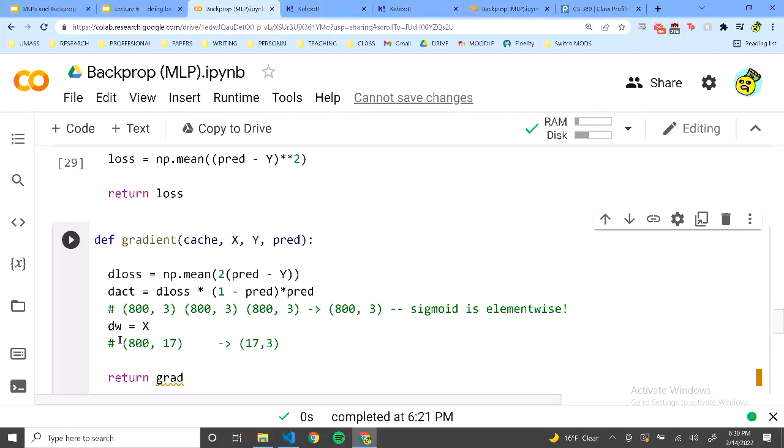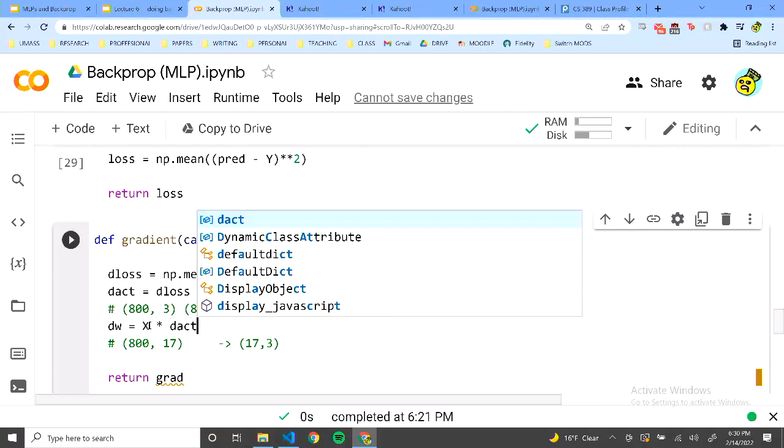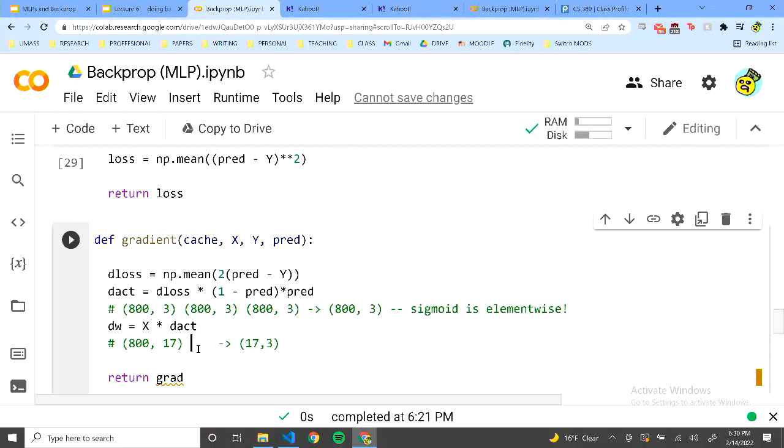And then we also have this derivative. By our calculus, our answer should be the derivative of loss with respect to our activation, and we're going to multiply this with our x somehow to get the right answer. So we now have times dact, and dact is going to be of size 800 by 3, like we just found.